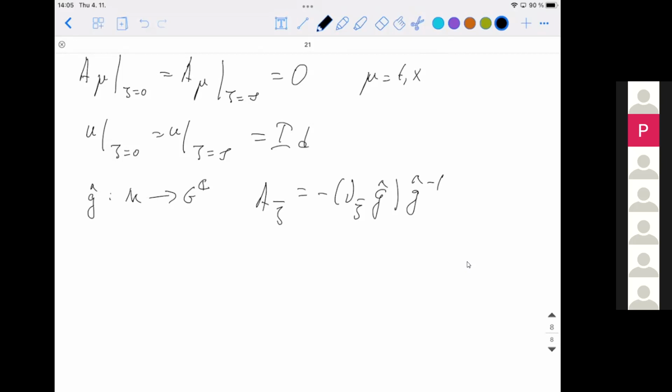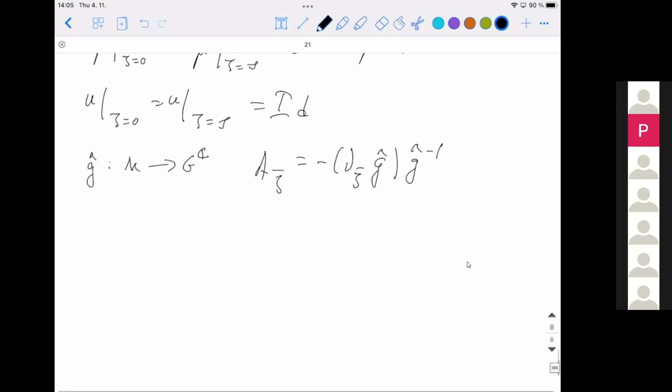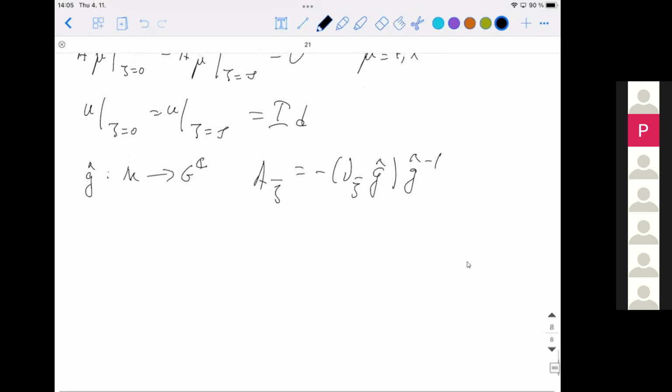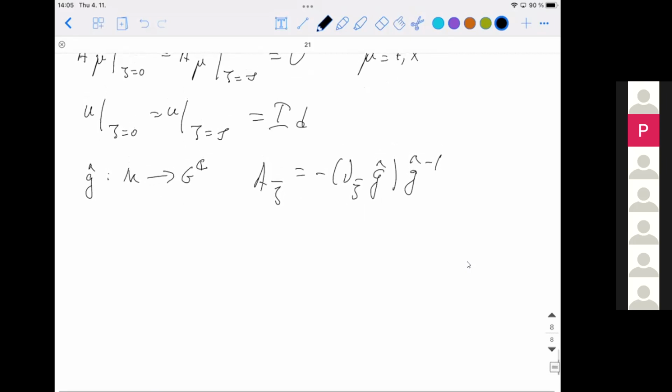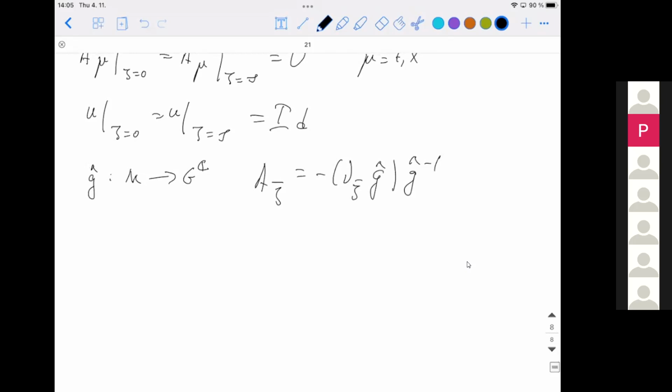So now we have this compatible gauge transformation, and the only physical degrees of freedom, as we said earlier, are located at the boundaries. So this is G hat at this and G hat at 0.